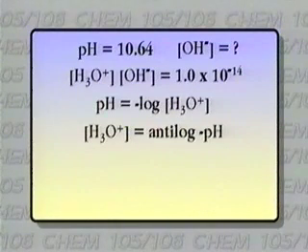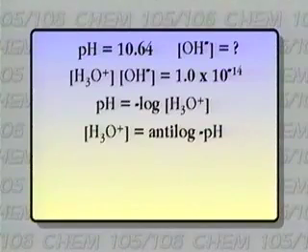Once I have found the hydronium ion, I can go up to my first relationship, which is the relationship between hydronium and hydroxide, and solve then for the hydroxide ion. So we have a couple of step process. First, we're going to have to determine what the hydronium ion is. Then using that, we will determine what the hydroxide ion is.